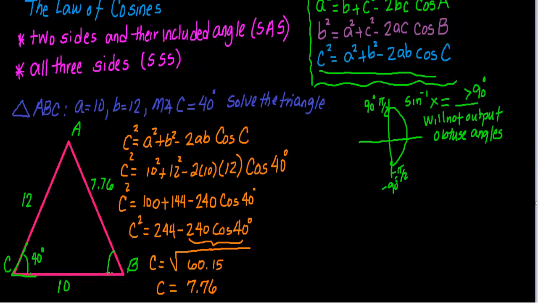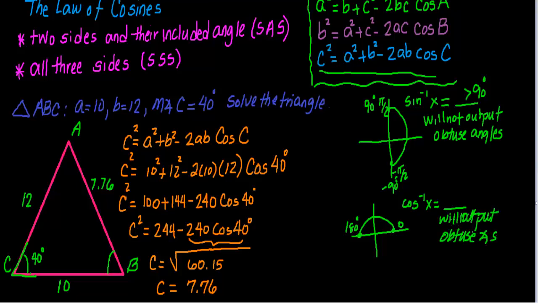Now the cosine law will tell me the true angle, because for inverse cosine, if you remember, the range or the output for this function was from 0 to pi, or from 0 to 180 degrees. So this function will output obtuse angles.